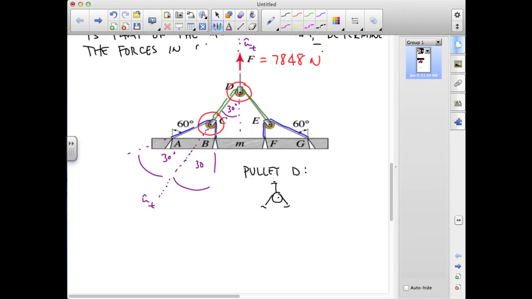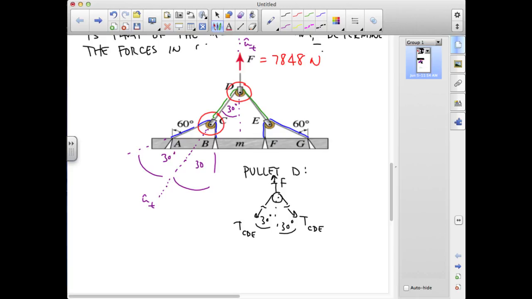We have F here, and we've got the tensions in CDE to be the same on either side. And this angle is, again, 30 degrees on either side.